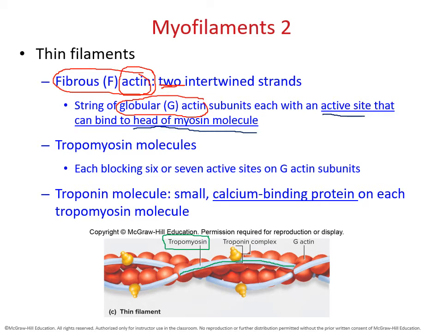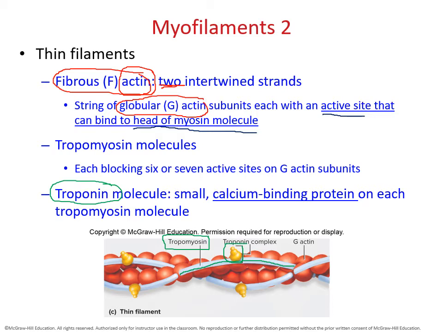So it covers the active site so that the head of the myosin cannot physically make contact with it. In order to control the tropomyosin, we're going to need troponin. And troponin, illustrated right here in the yellow formation, think of it like a little doorknob. It is going to be able to control the movement of the tropomyosin on top of the active site.